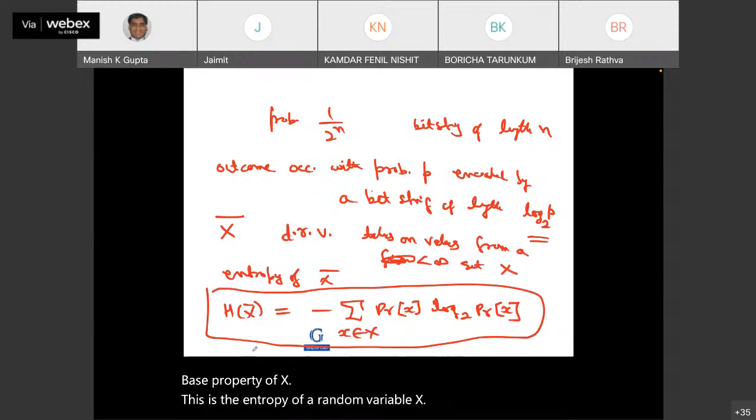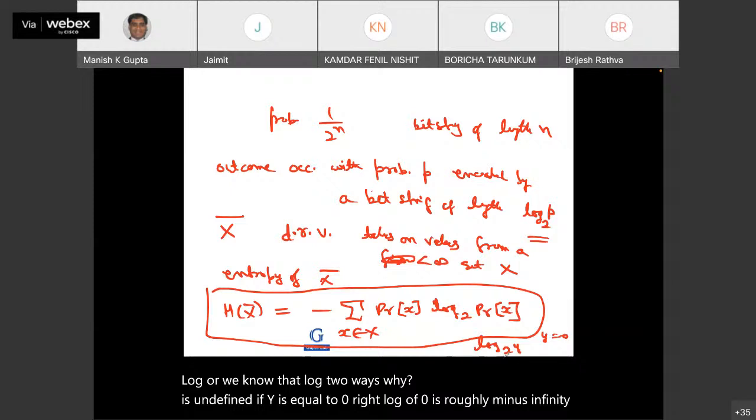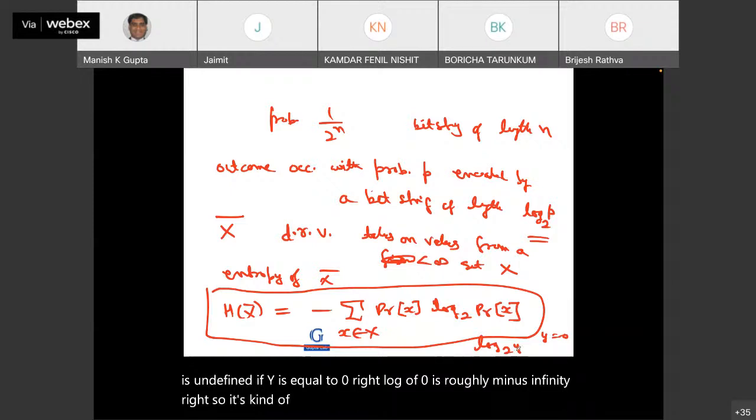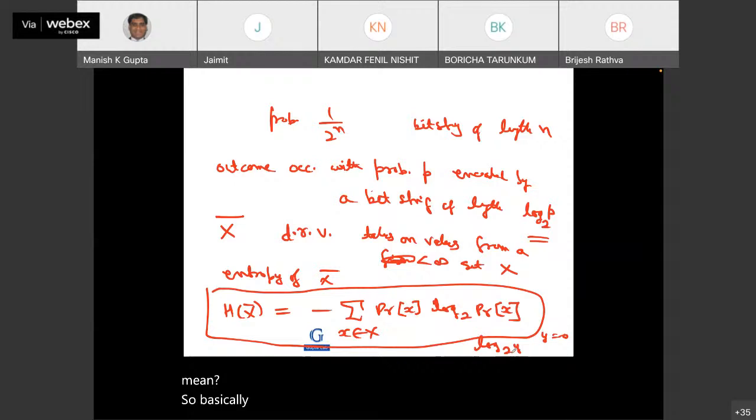Okay. Now, certain observations or remarks. We know that log base 2 of y is undefined if y is equal to 0. Log of 0 is roughly minus infinity, so it's kind of undefined. So entropy is sometimes defined to be the relevant sum over all non-zero probabilities.